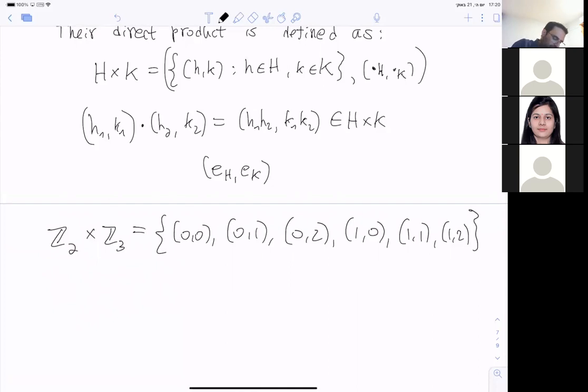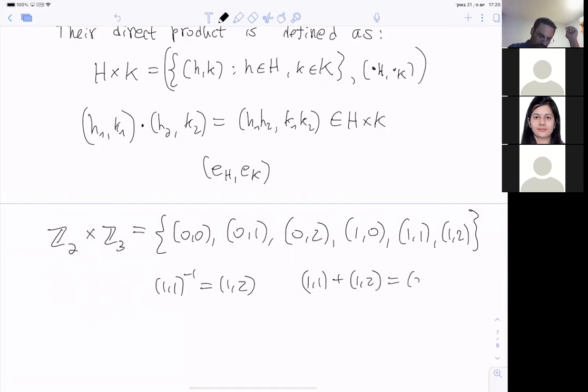What will be the inverse of (1,1)? (1,2). Yes. You see why? Because (1,1) plus (1,2) is (0,0).